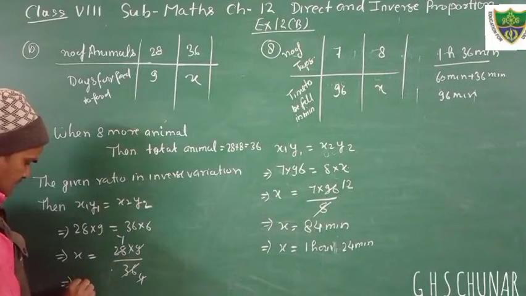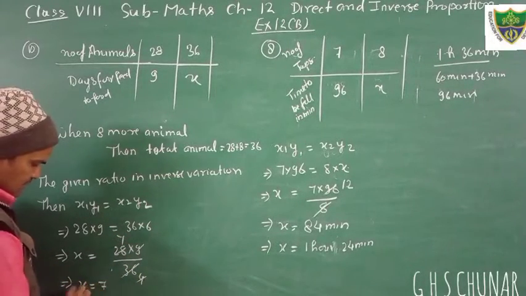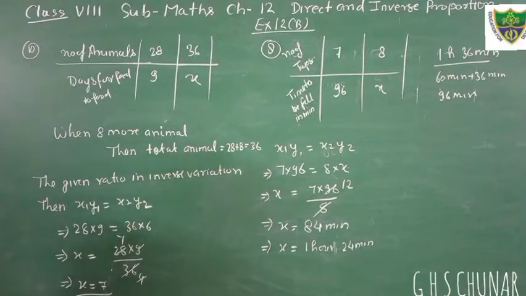This implies x is equal to 7 days. So the food is available for 7 days. You note it.